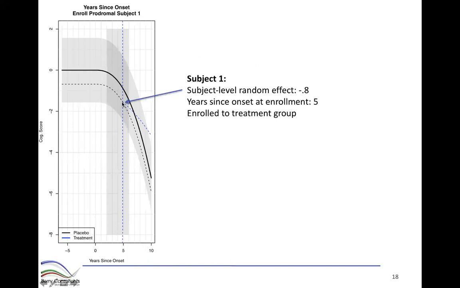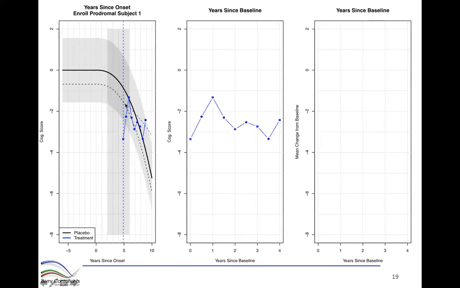If they were enrolled as a control subject, we would expect them to follow this black dotted line. However, this subject is going to be a treated subject, so we'll assume some slowing in that rate of progression, and we expect them to follow the blue line. We can then sample data around that blue line, given our estimates of within subject variability, to get sampled or simulated cognitive scores at different years since baseline.